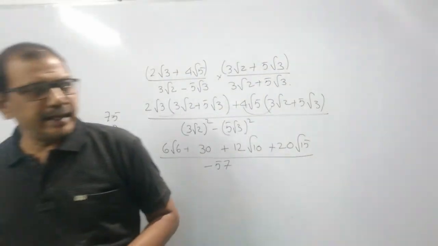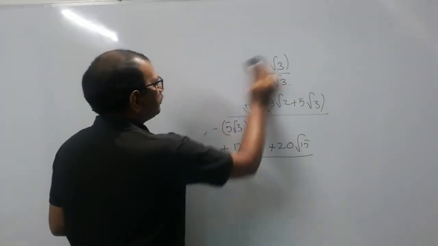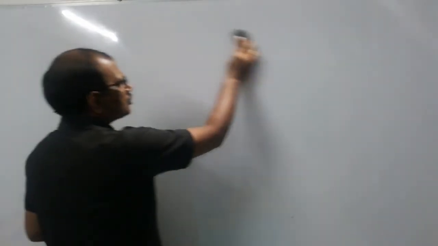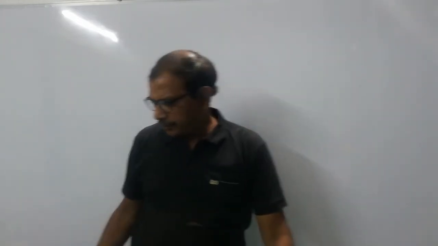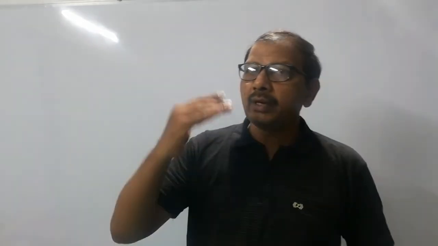Now this ends this chapter, that is number system, and some laws of exponents are there which we have already done in 8th standard, right? So textbook mein diya hua hai, you just go through those rules, that is a raised to m into a raised to n is a raised to m plus n.